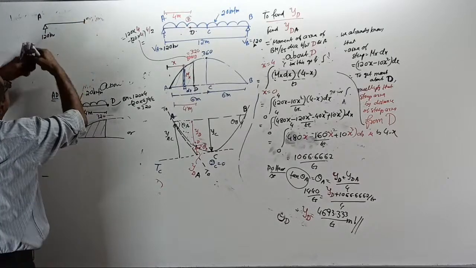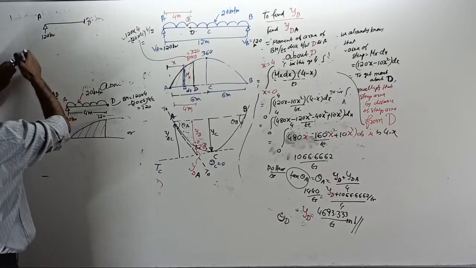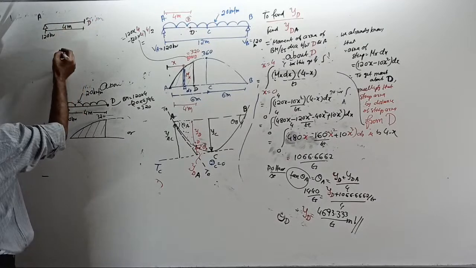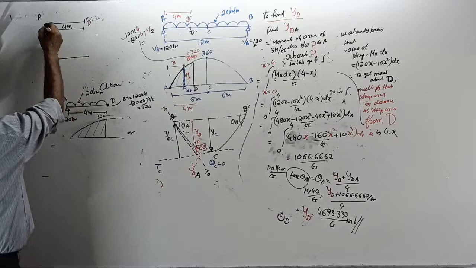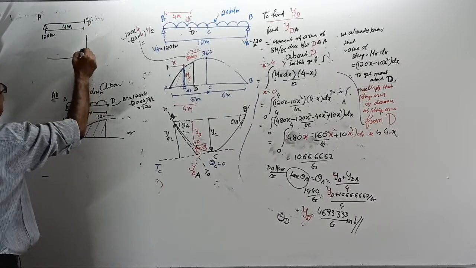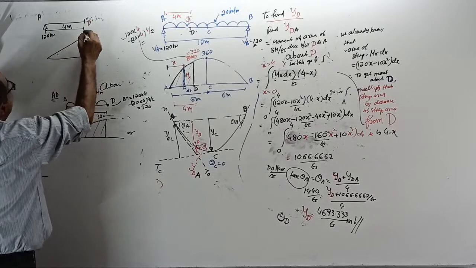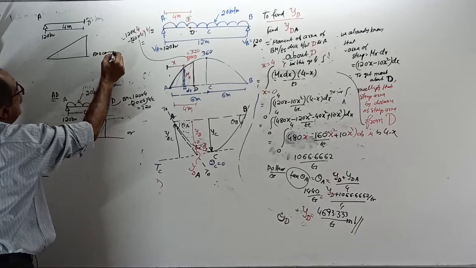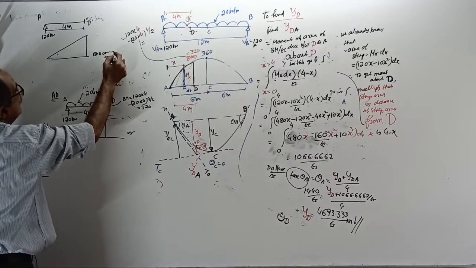This is the point D, 4 meter. Draw the BMD. 0 here, 120 into 4 is 480 here. Straight line. This is the BMD considering only the 120 reaction.